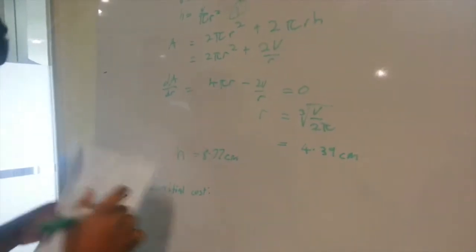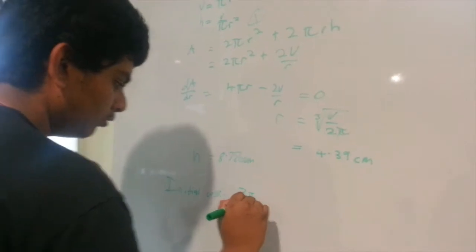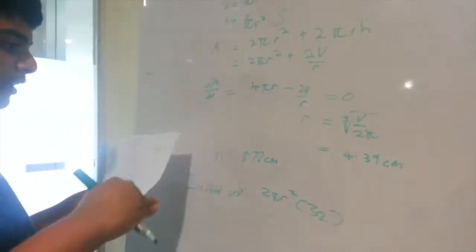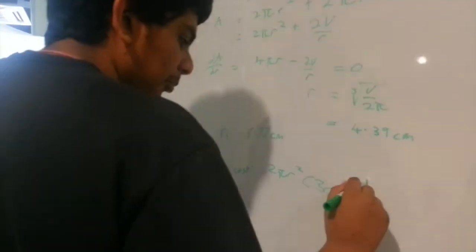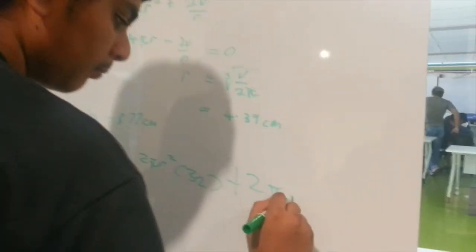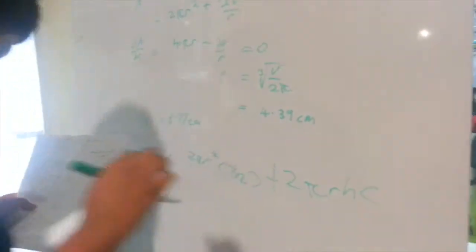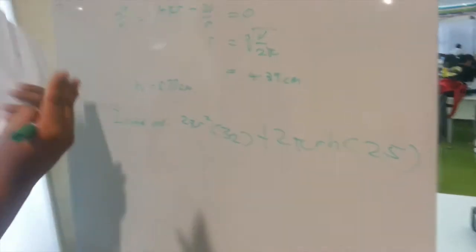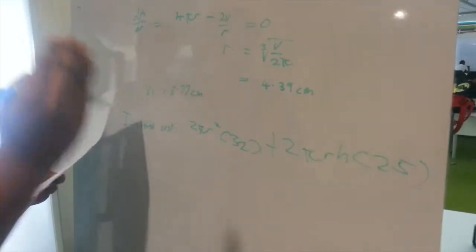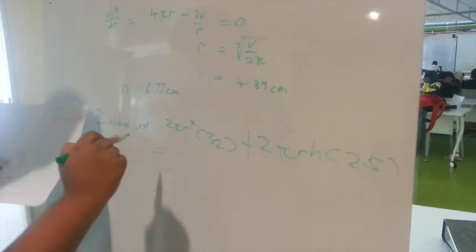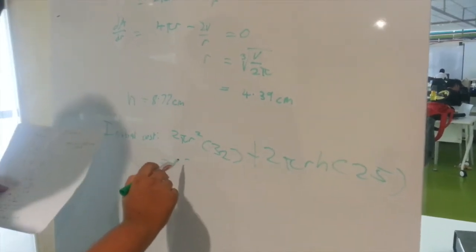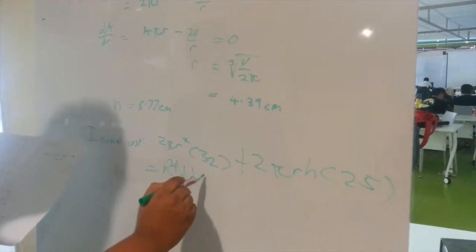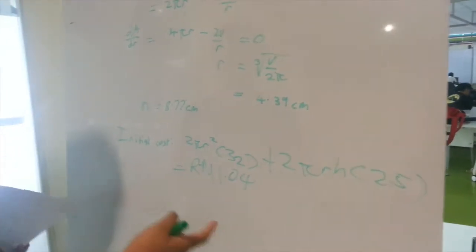The initial cost is 2 pi r squared times 32, because the top and bottom is 32 ringgit, plus 2 pi r h times 25, because the sides are 25 ringgit per meter squared, and you will get RM 1.04, so 1 ringgit and 4 cents.